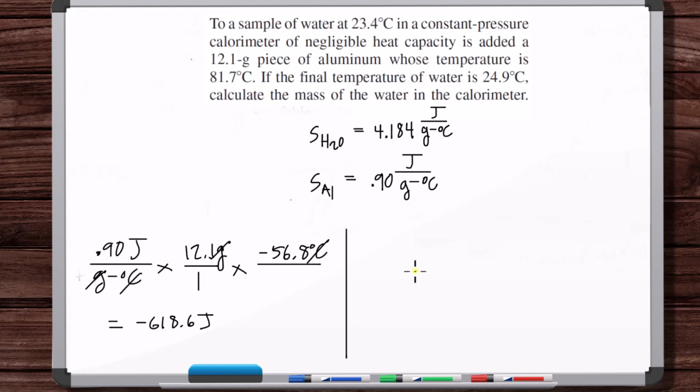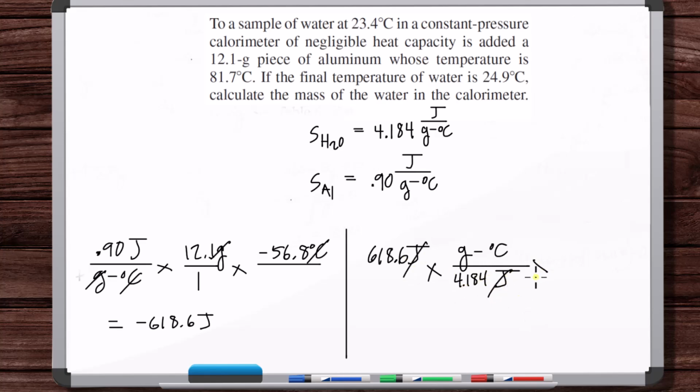We know that there was 618.6 joules of heat transferred to the water. We could start there. Now let's bring in the specific heat here: 4.184 joules per gram degrees Celsius.